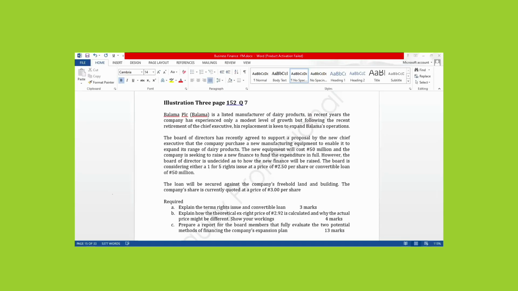The debt will be converted to a specified number of shares within a specified future period. Both methods are used to raise long-term funds.